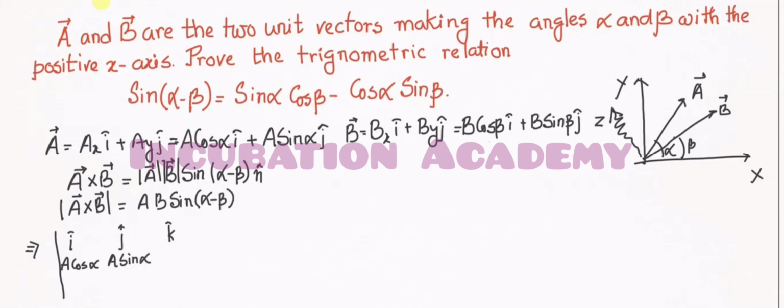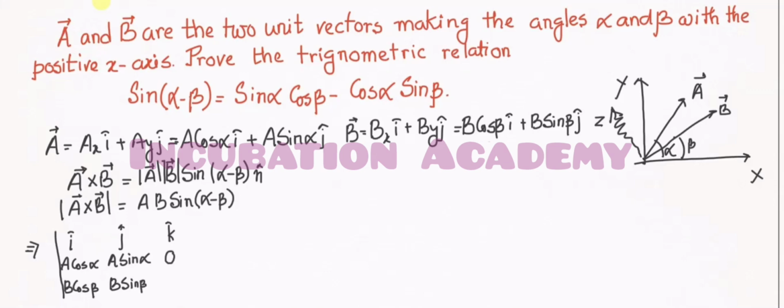The z component of a, since it is on the xy plane, we can say is 0. Similarly, the x component of b is b cos beta, and the y component of b is b sine beta.